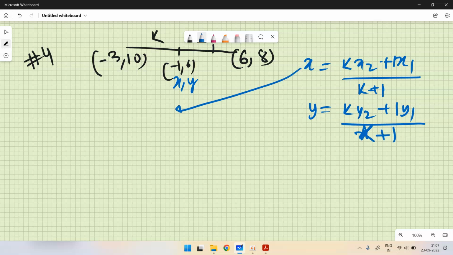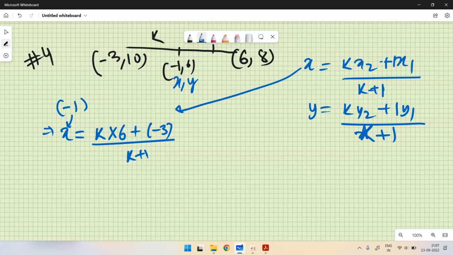Now I'm writing for x: the value of x is minus 1, and that equals k into x2, where x2 is 6, plus x1, which is minus 3, by k plus 1. I'm just doing the x part because I can do it with any one coordinate.